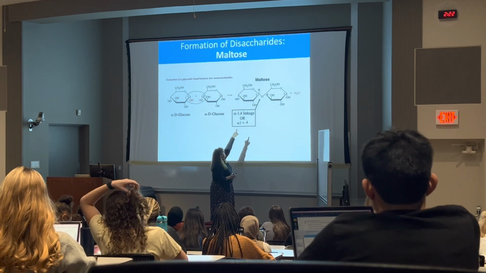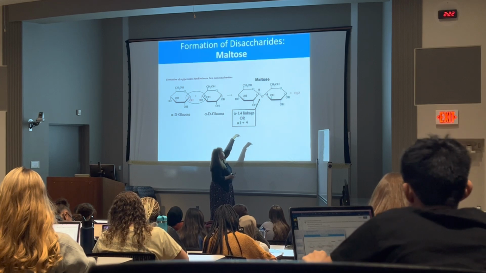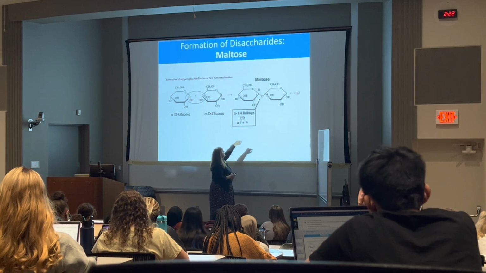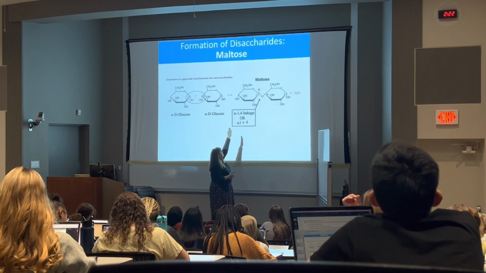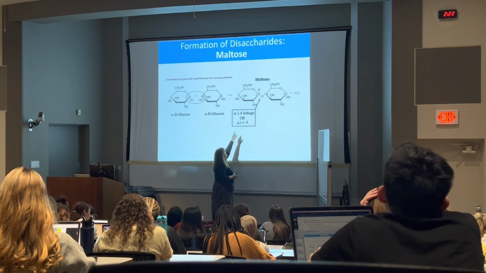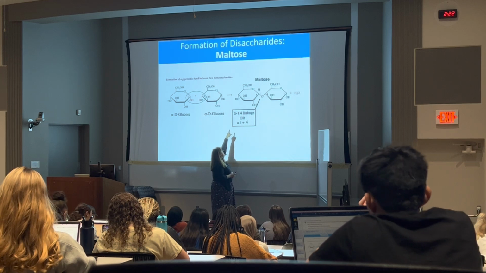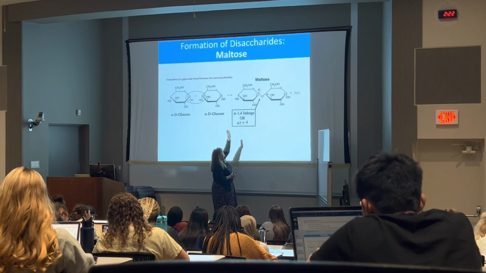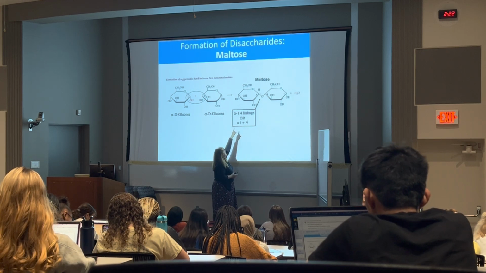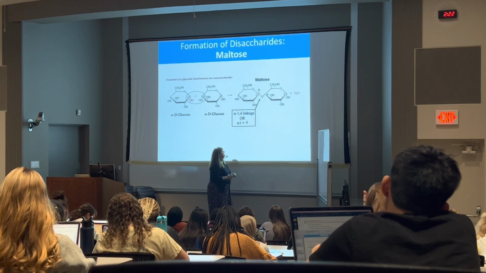The anomeric carbon that was in the reaction was already in the alpha position because the O is going down underneath the ring. And it's linking carbon 1 from one glucose molecule to carbon 4 of the second glucose molecule. That's where you get the 1 to 4. So you define the linkage as alpha or beta. Do you see it going down or going up to the oxygen? And then you define the carbons in the two rings that link together.